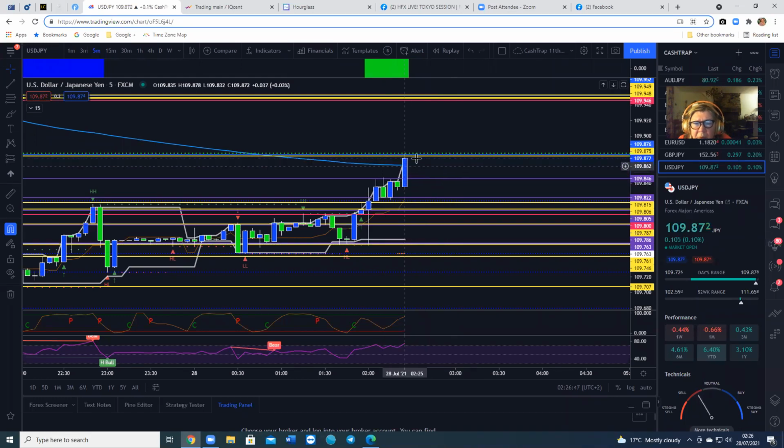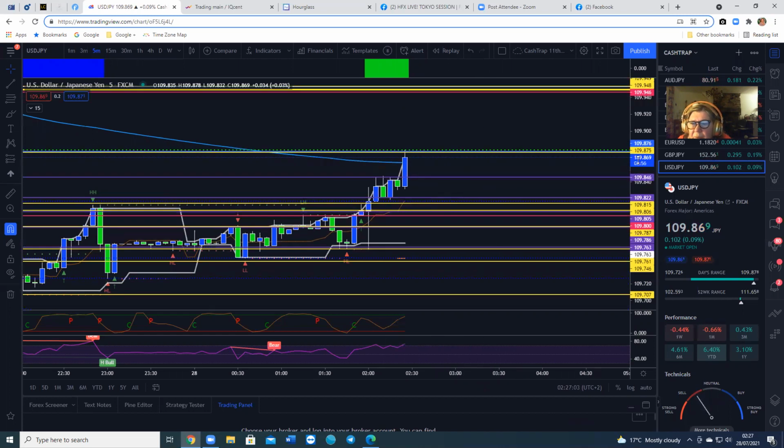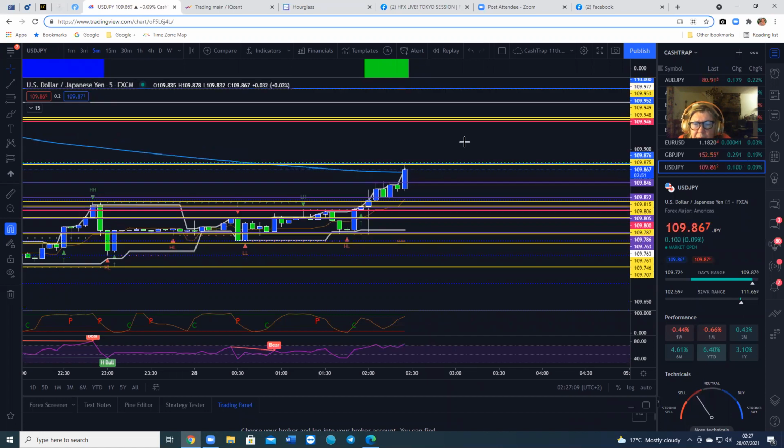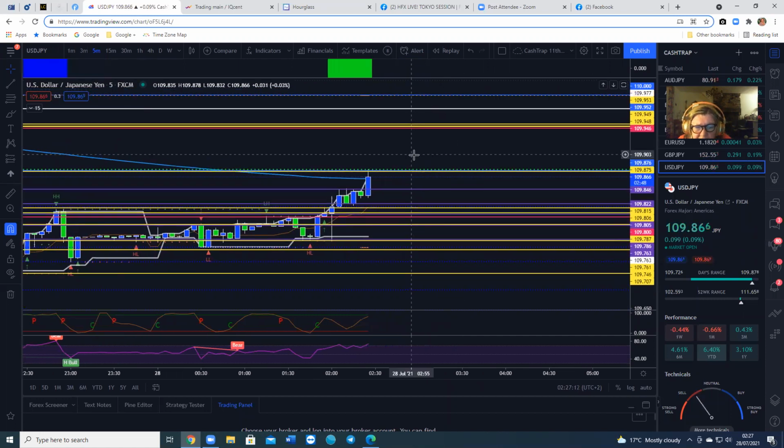Not right back up. Gone up to take this level, which has a yellow hourly. It's at 875. The yellow hourly line, an auto support, and it's got a blue previous line of support in the background, which is a 5-minute one. 27 minutes past now.